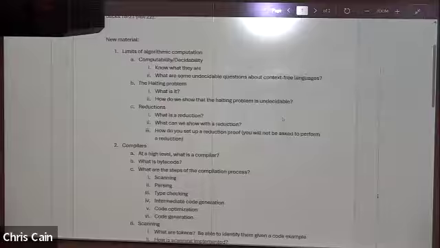All right, first element, past exam 3, the limits of algorithmic computation. So the first part of that was computability and decidability for Turing machines. Be able to define whether a problem is computable or decidable and use Turing machines in your answers to be able to do that.